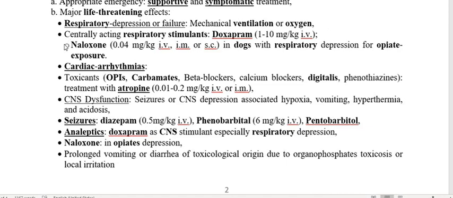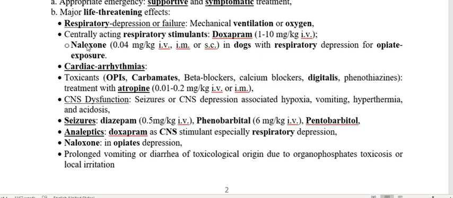And simultaneously you have to give a respiratory or CNS stimulant. Respiratory stimulants are also called analeptics, and the drug doxapram is a respiratory stimulant. You have to give the respiratory stimulant in a poisoned animal with respiratory depression, and the dose of doxapram is 1 to 10 mg per kg IV.